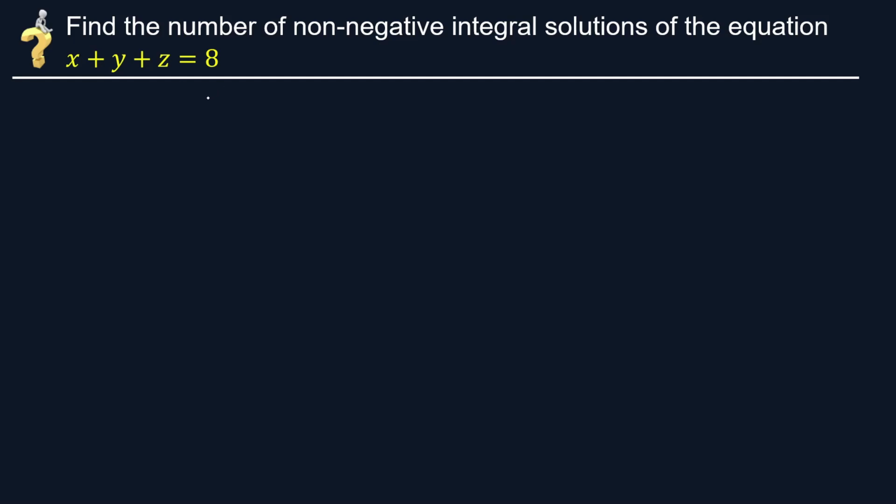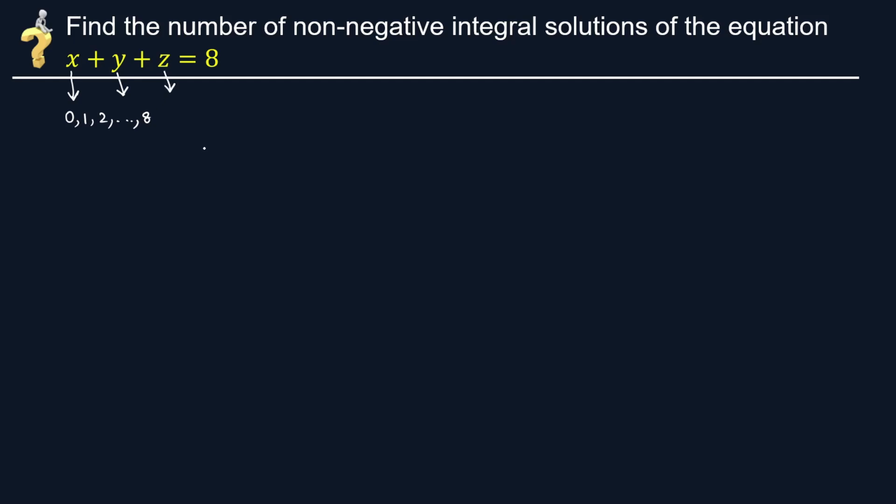Because here, what you are actually doing is simply distributing these 8 identical objects among 3 persons in such a way that the first beggar, or the person, whichever way you say, can receive no objects, or 1 object, or 2 objects and so on, and maximum he can receive 8 objects. Same thing with the second person or the beggar. Same thing with the third person.